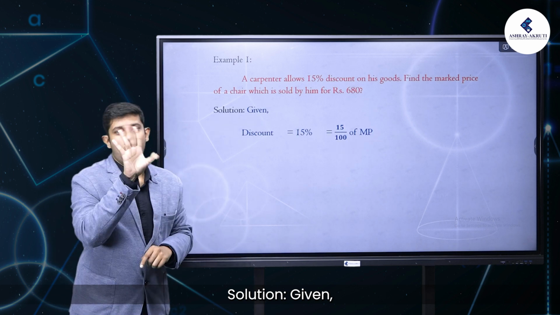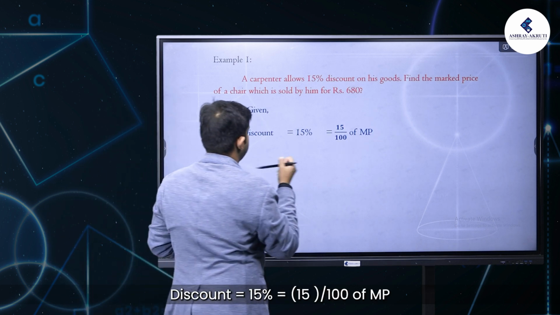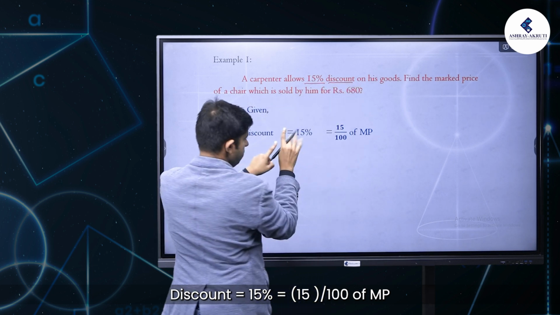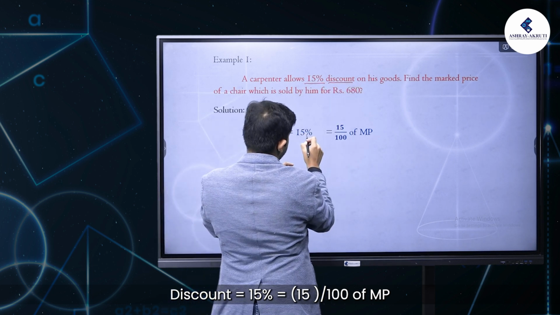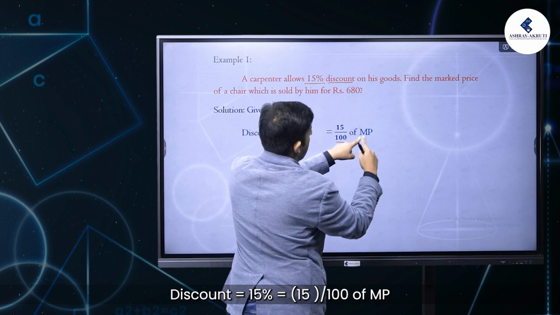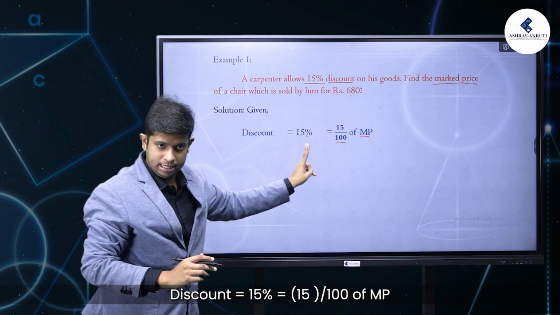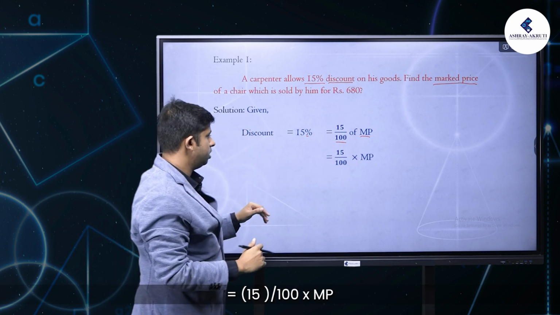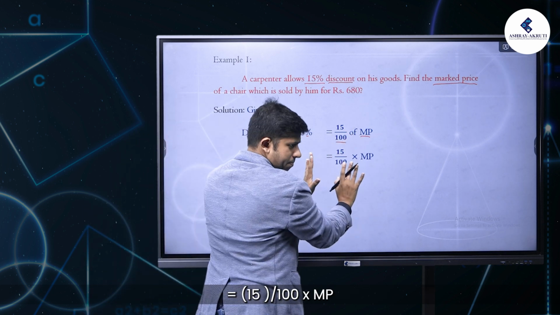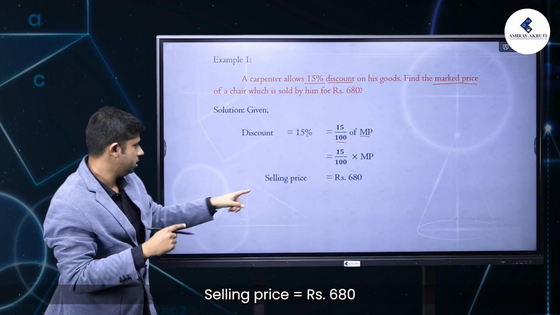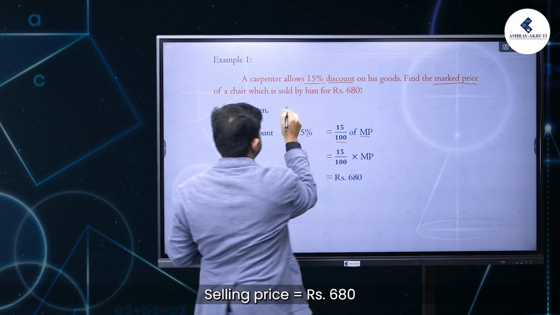Given discount equals 15%, equals 15 by 100 of marked price, equals 15 by 100 into marked price. Selling price is equal to rupees 680.